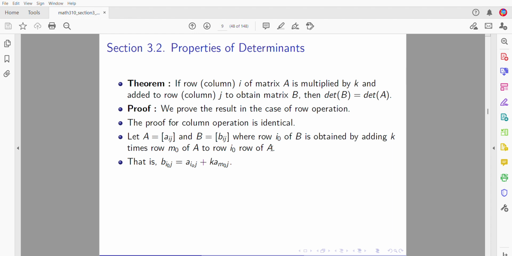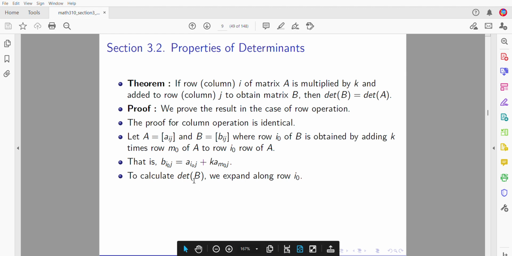So I naught row of B is I naught row of A plus K times M naught row of A. To calculate determinant B, expand along row I naught.